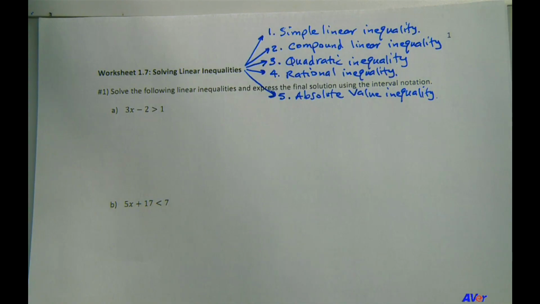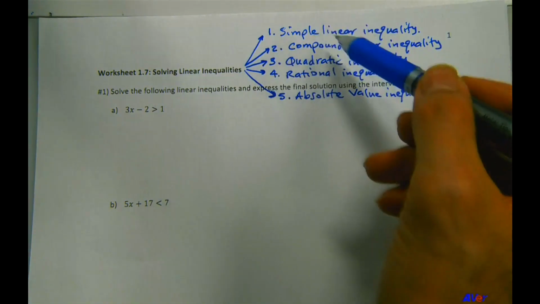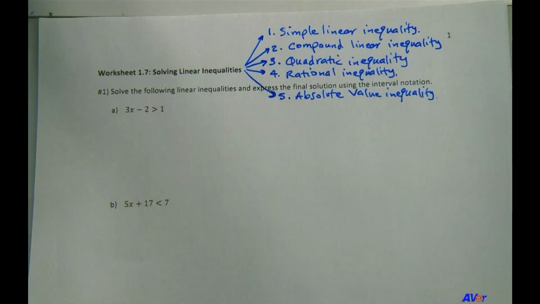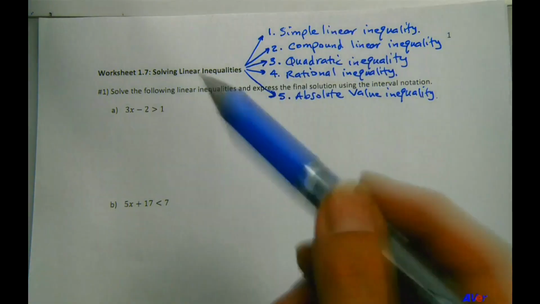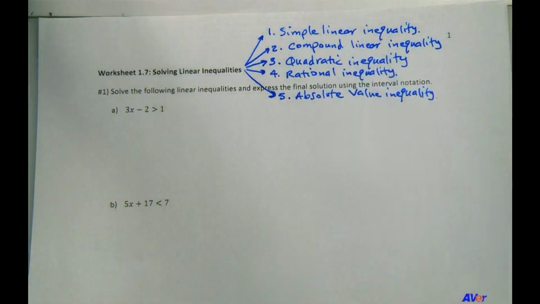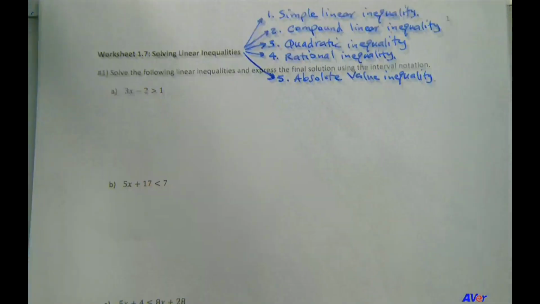So please make sure that you're aware of which of these linear inequalities you're solving, whether it's on the exam or in the homework assignments, and use the particular procedure associated with that type of linear inequality to solve the problem.